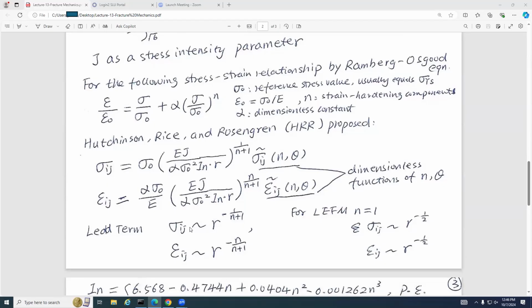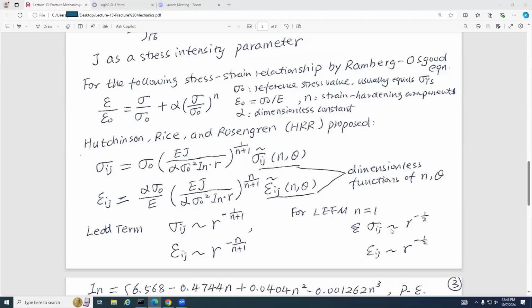For the leading term, sigma ij is proportional to r to the minus 1/(n+1), and epsilon ij is proportional to r to the minus n/(n+1). However, for linear elastic fracture mechanics, n equals 1. So that's the reason sigma ij is proportional to r to the minus 1/2, and epsilon ij is proportional to r to the minus 1/2.